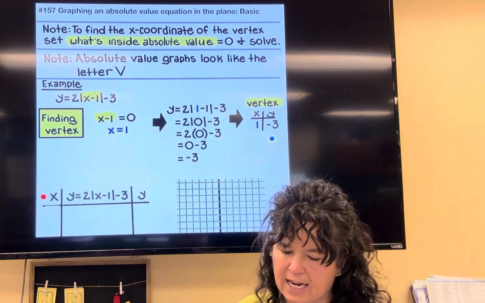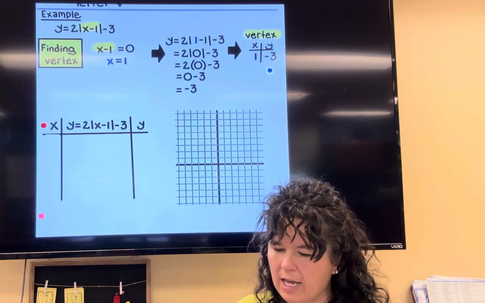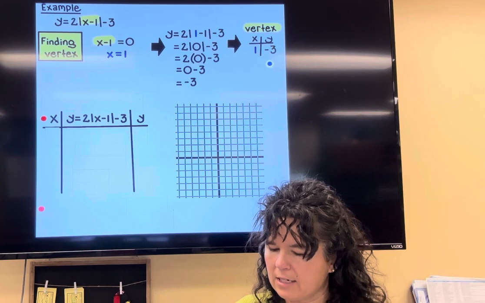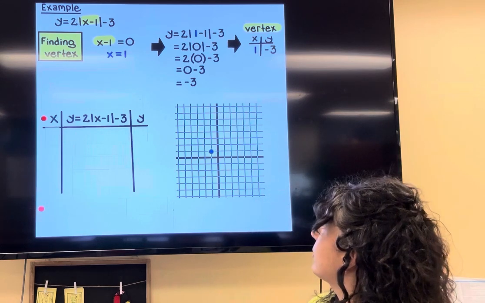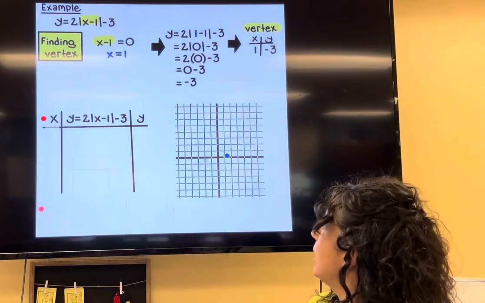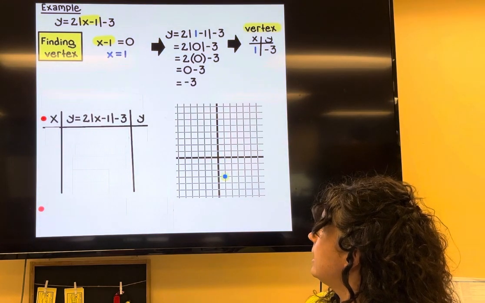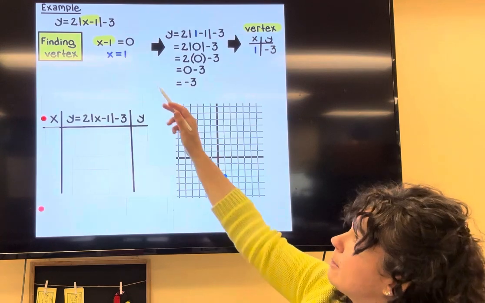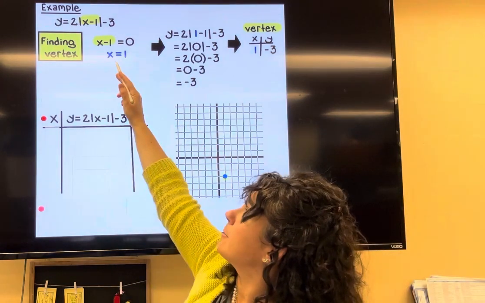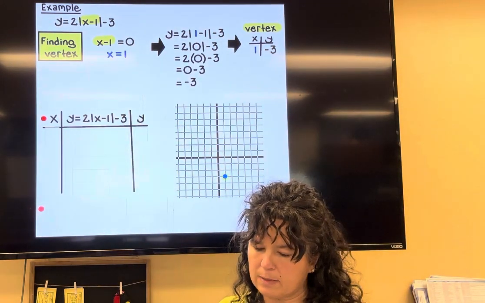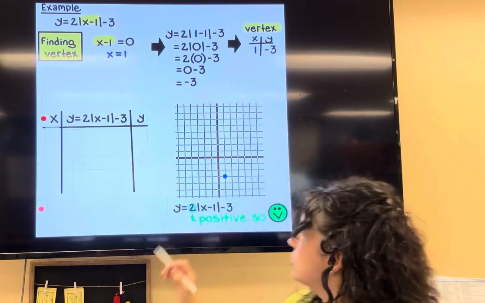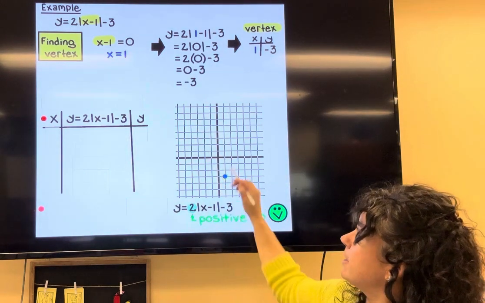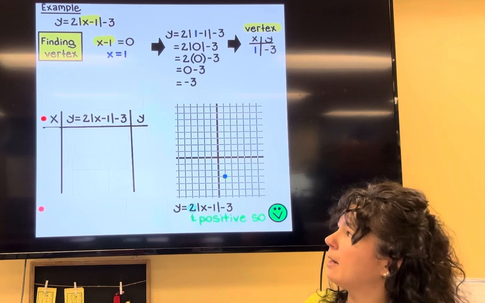Okay, the next thing I need to do is actually plot that point. So I'm going to come over here to my graph and go right 1, down 3, and there's my vertex. I do know, because the number in front of the absolute value of x minus 1 is positive, that there's going to be a V here that's opening up.